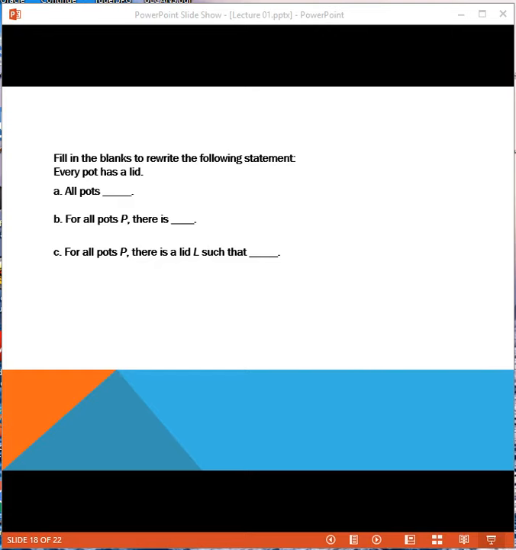Another way we might look at this, again expressing it as a universal existential statement: for all pots P, there is a lid L such that L is a lid for P.